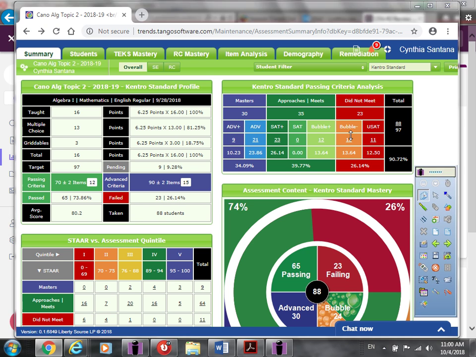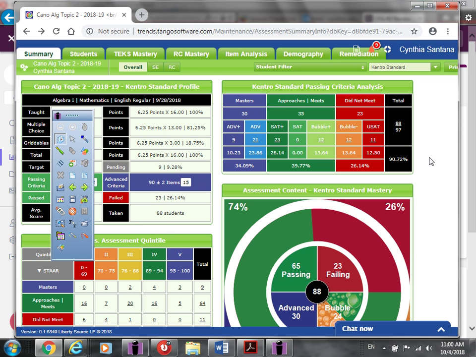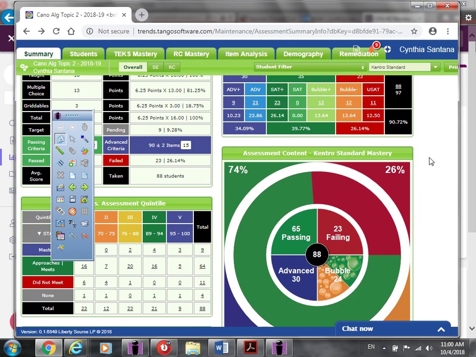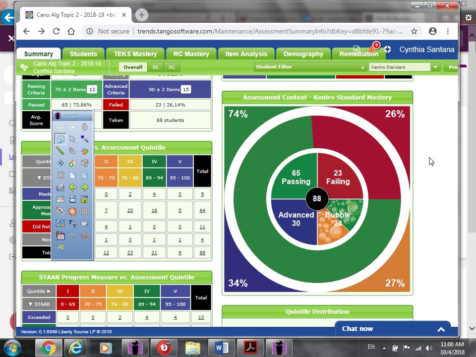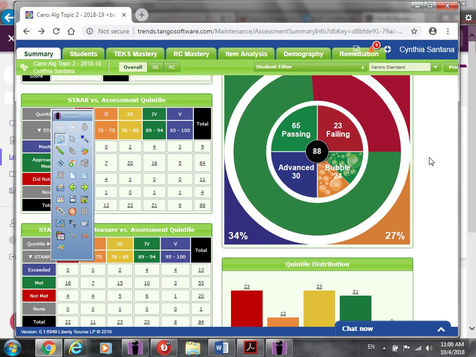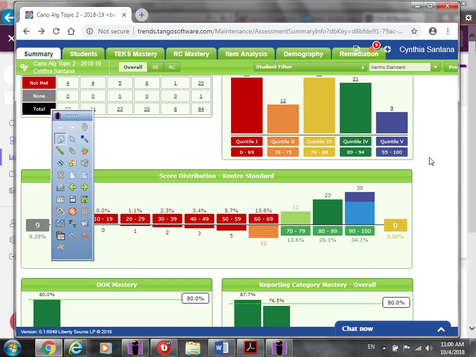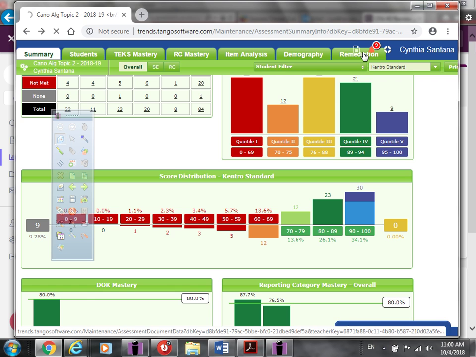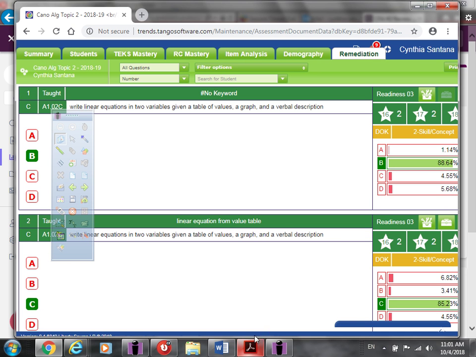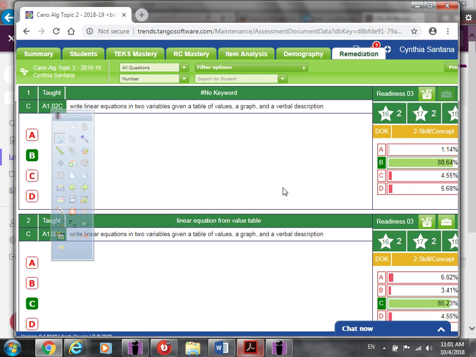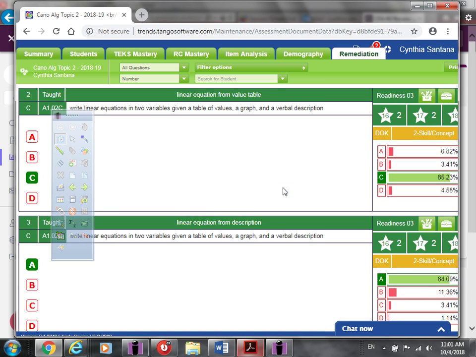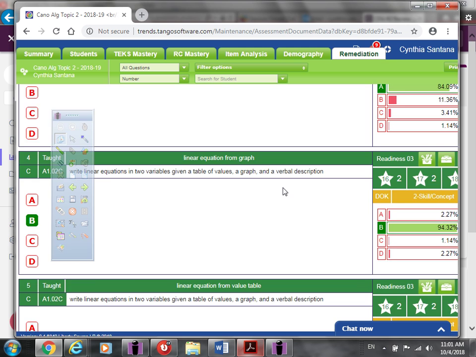Overall, it's a 74 right now, as an average. I think the lowest thing was, let me see. First question, 88% right, 85, all of that looked really good.